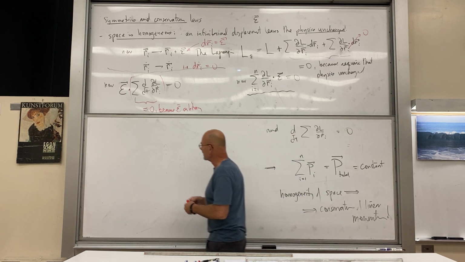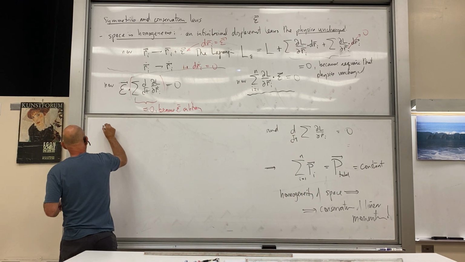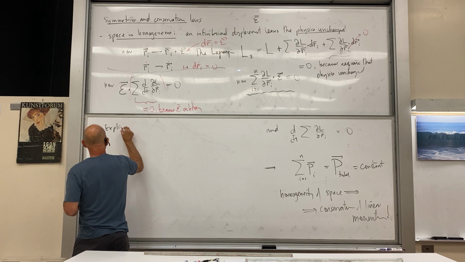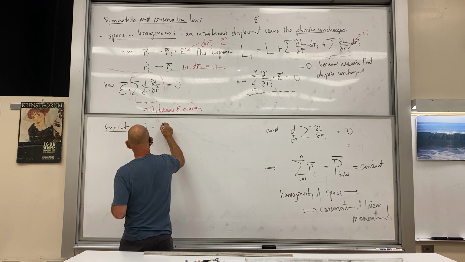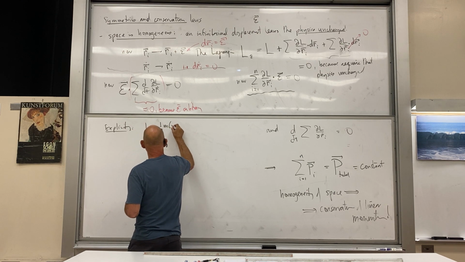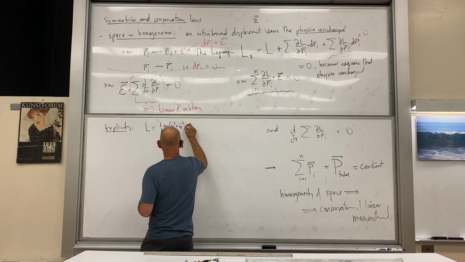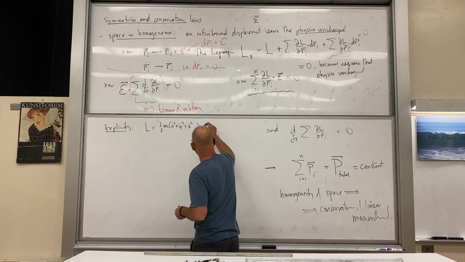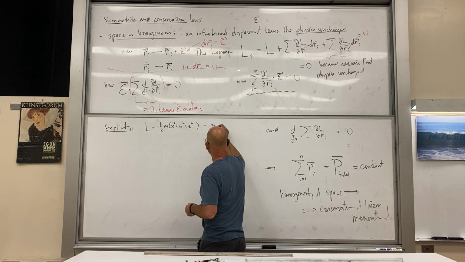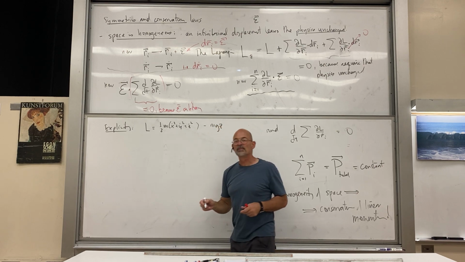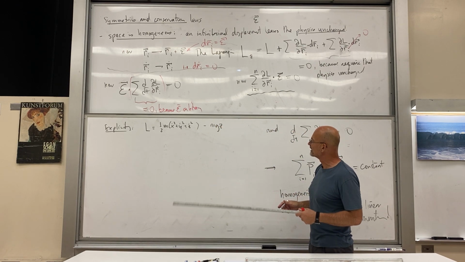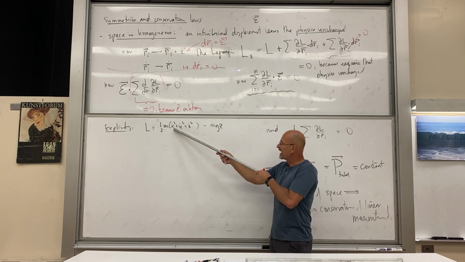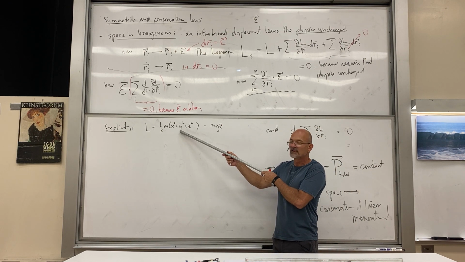Just as the explicit example, L equals 1/2 m (x dot squared plus y dot squared plus z dot squared) minus mgz. Remember, that was the projectile motion Lagrangian. It had two cyclic coordinates. P sub x and P sub y were conserved.